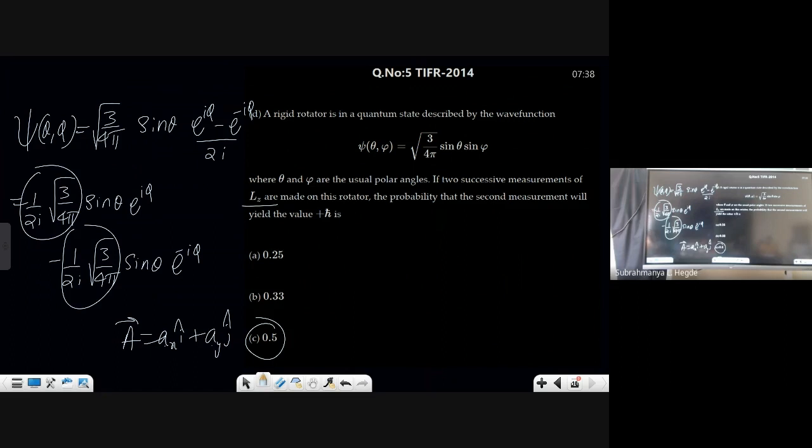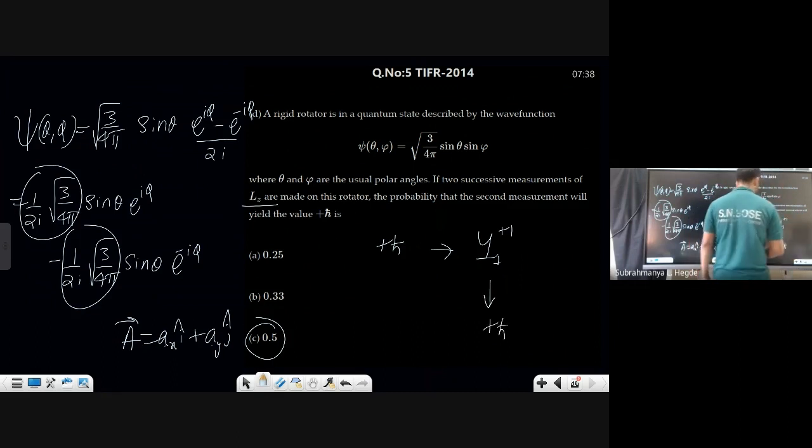So if the first measurement outcome is plus h bar, then it will collapse to Y1 plus 1, the eigenstate of LZ with eigenvalue plus h bar. If you do a second measurement on this one, you will definitely get plus h bar. Am I right?